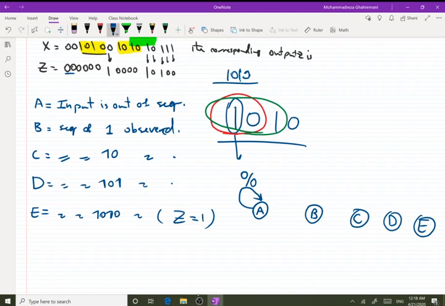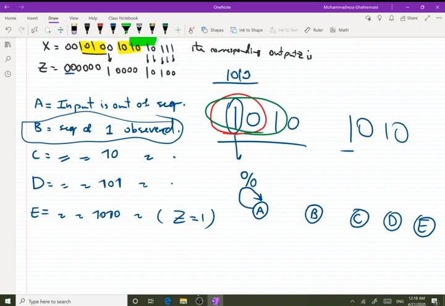When 1 is observed, we move from state A to state B, because B is the state that says 1 is observed. So if the input is 1, the state changes to B, but the output is still 0. Why is the output 0? Because the entire sequence has not been detected yet.